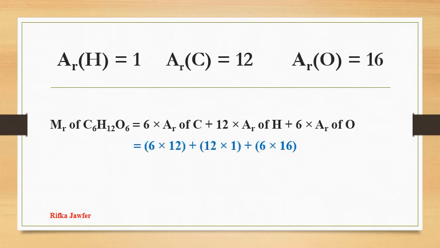So that would be equal to 6 times 12 plus 12 times 1 plus 6 times 16. So the relative molecular mass of glucose is 180.